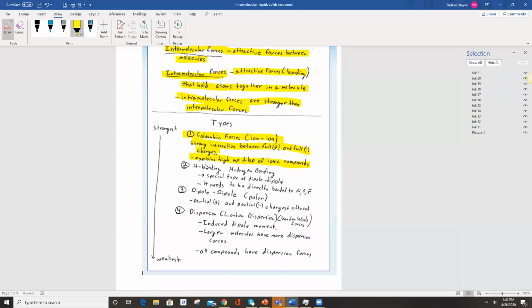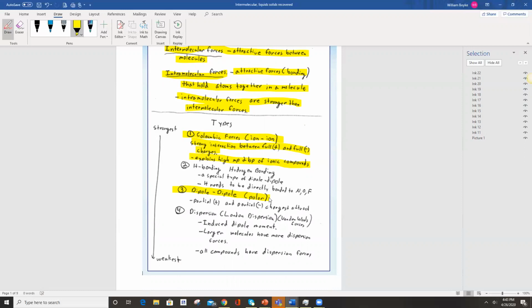I'm going to skip the second one, hydrogen bonding, just for a second, because it's really a special case of the third, which is dipole-dipole. In dipole-dipole, you're looking at things that have dipole moments, polar molecules. As you know, a polar molecule has a positive end and a negative end.